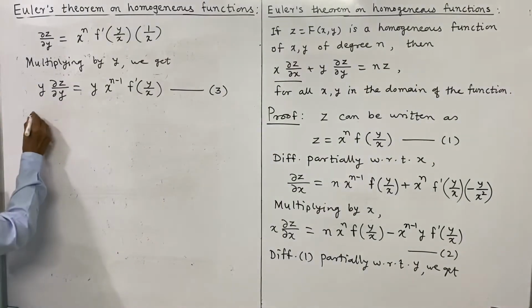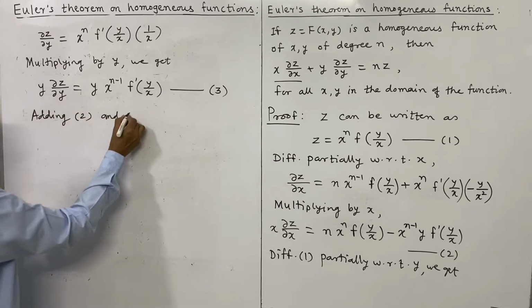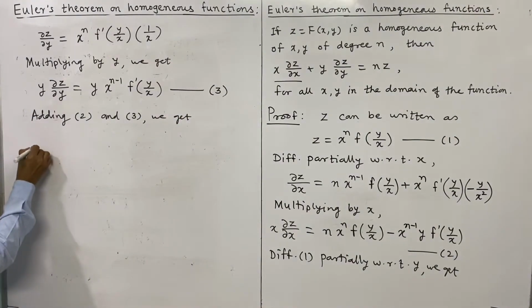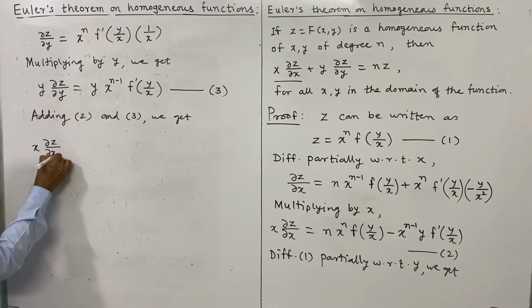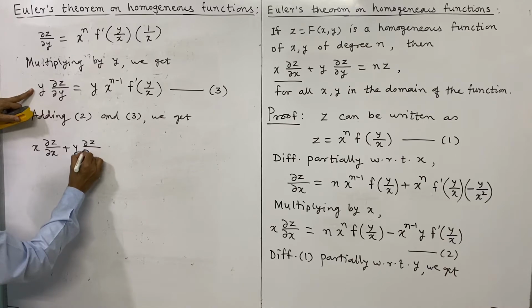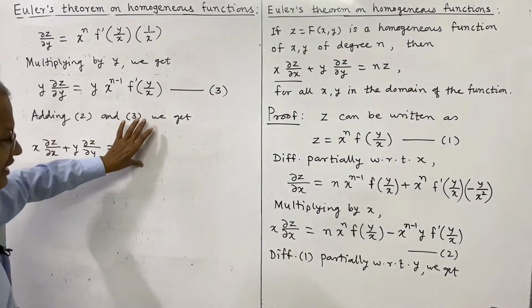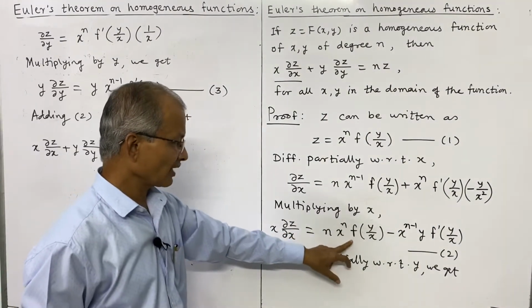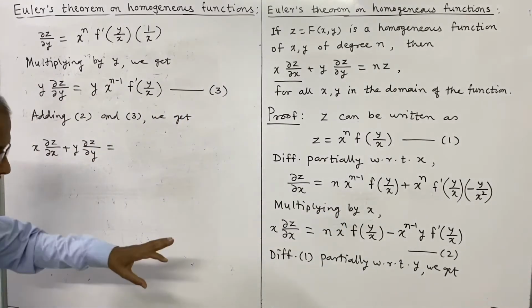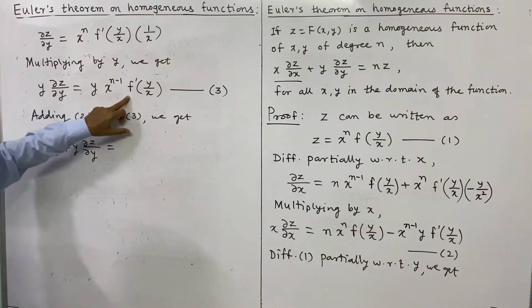Adding 2 and 3, we get, on the left side, x dou z by dou x plus, this is the left side of 3, y dou z by dou y is equal to, on the right side, see the addition, what will be the addition on the right side? This is n x to the power n f of y upon x minus x power n minus 1 y f dash of y upon x plus x power n minus 1 y f dash of y upon x.